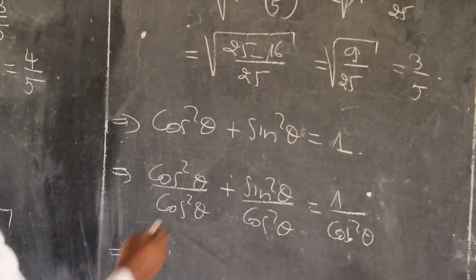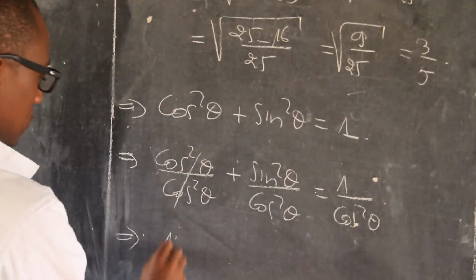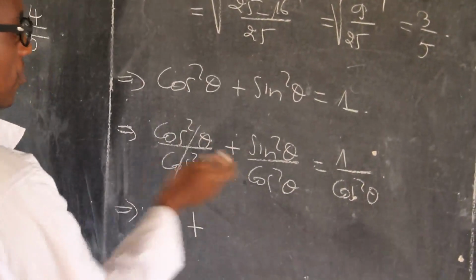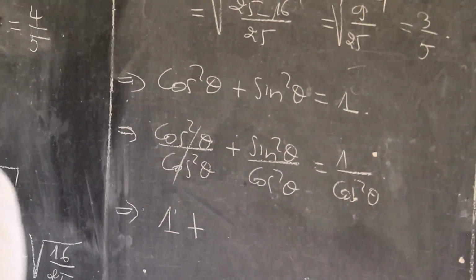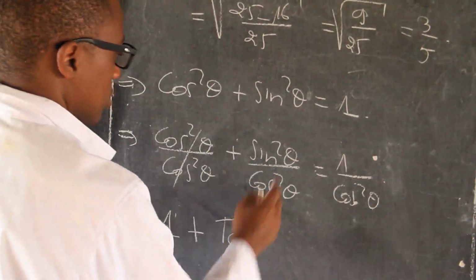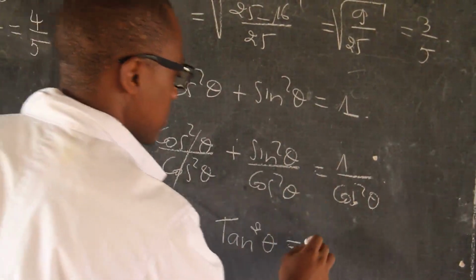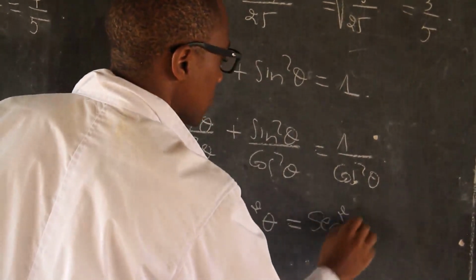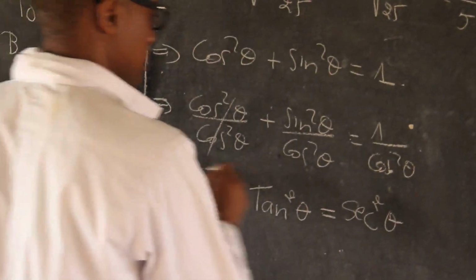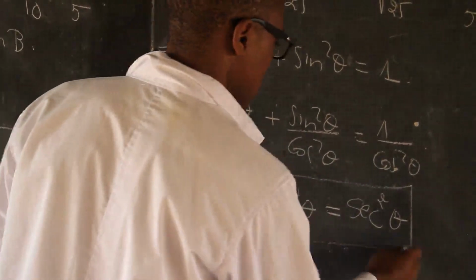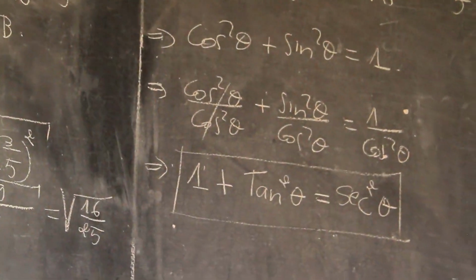And so this is 1. Sine over cos, I've said that is tan, so it will be tan squared. 1 over cos is sec. So this formula also is somehow or somewhere used.